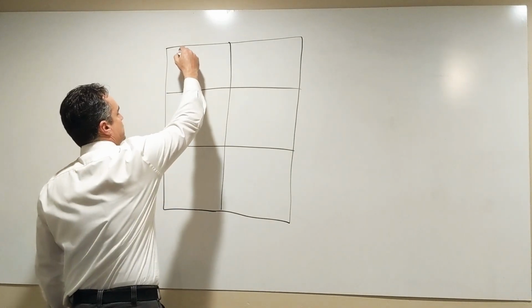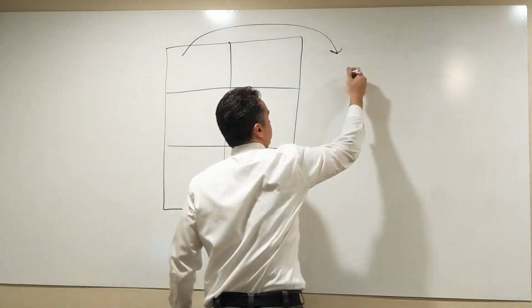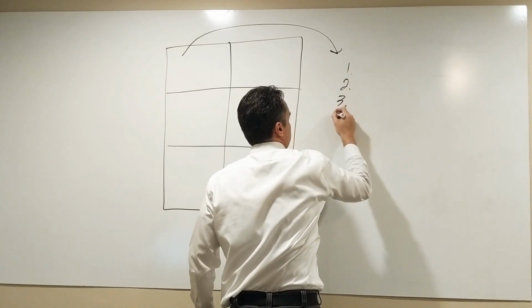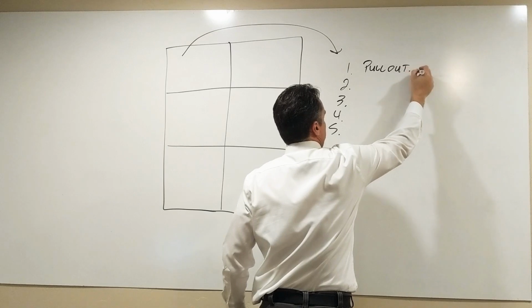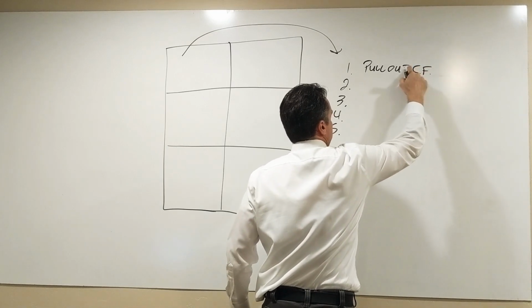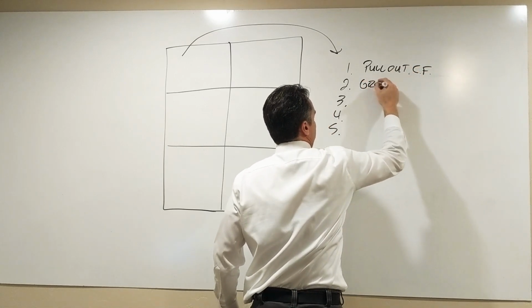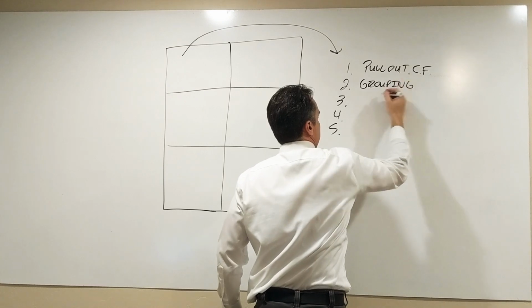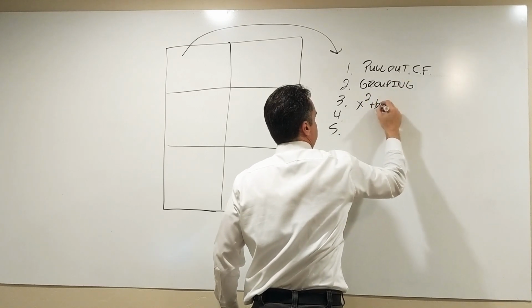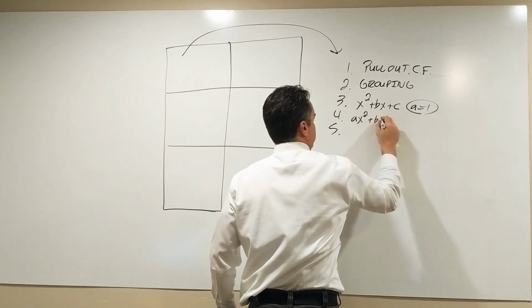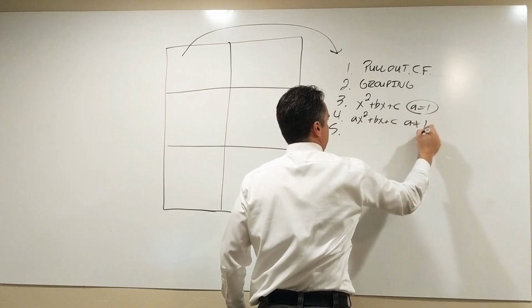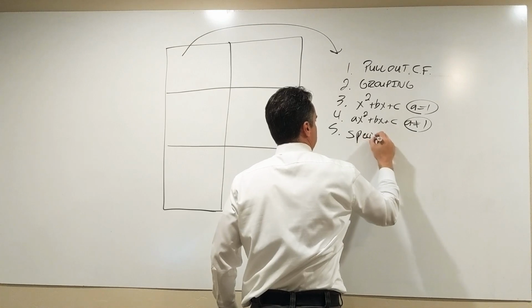The first box is going to be the 5 methods of factoring. We have pull out the common factor, which we've been talking about constantly. Then factoring by grouping. Then the x squared plus bx plus c method where a equals 1, the ax squared plus bx plus c method where a does not equal 1, and special cases.